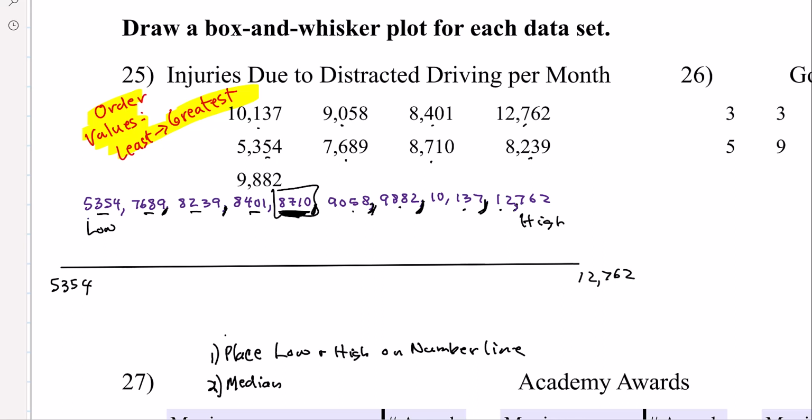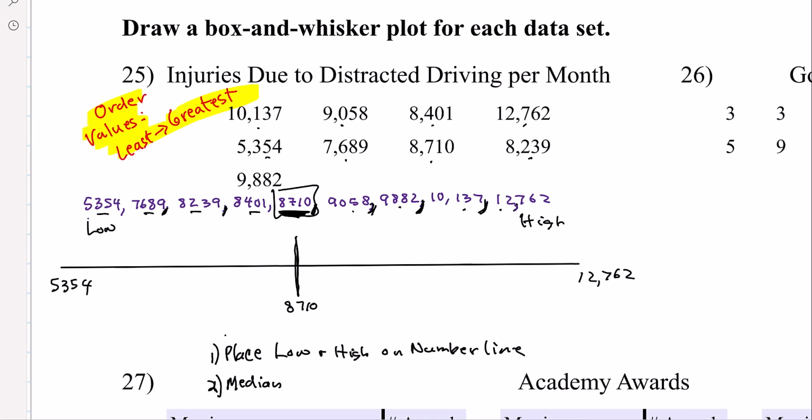Then we found our median. So that is 3,400 away, and then 4,000 away. So not quite half. I'm going to put this vertical line right there, and this is 8710.